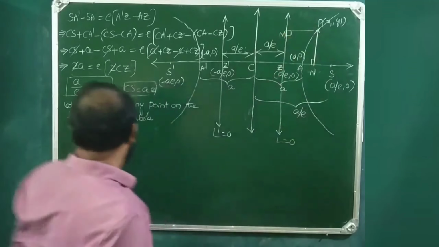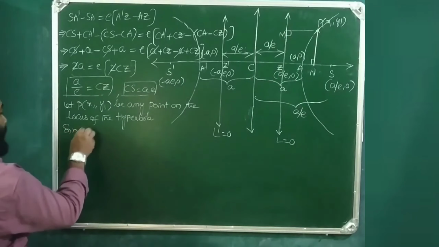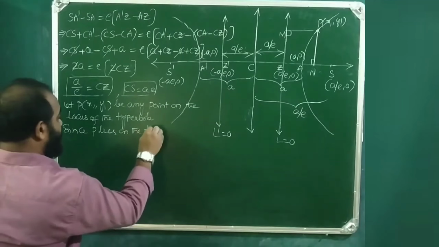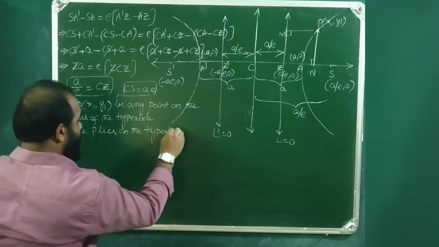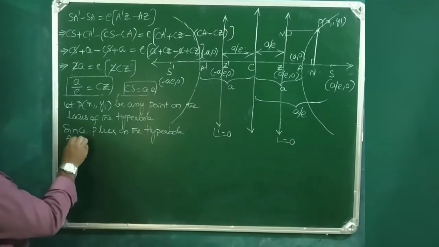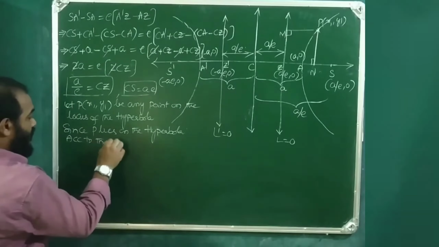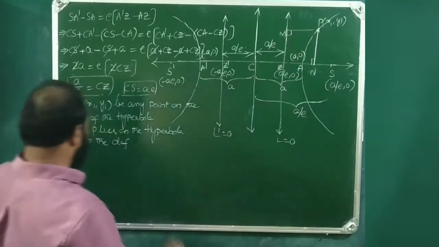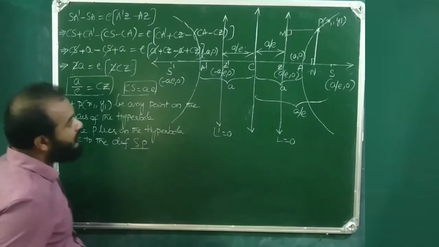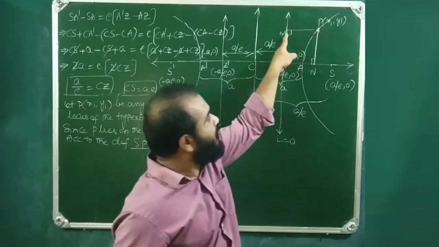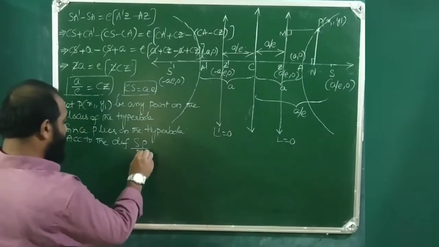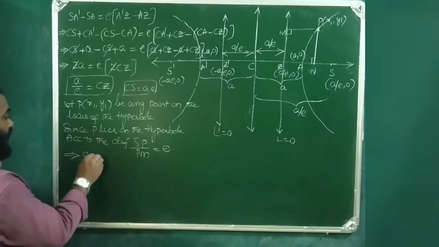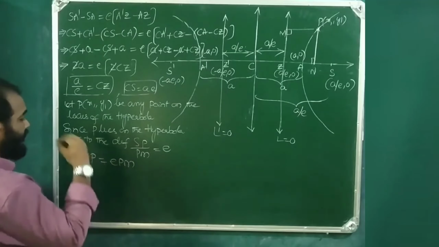So since P lies on the hyperbola, according to the definition, its distance from a fixed point SP by its distance from a fixed line PM is equal to E. From this, SP is equal to E PM.